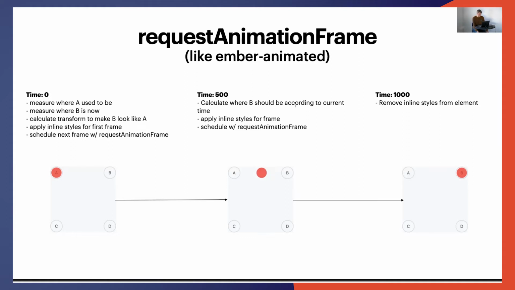frameworks have to work. And then we schedule the next frame with the request animation frame, and that's so that we sync with the browser frame rate. And then for every frame, basically, the middle section is going to happen. It's going to calculate based on the current timestamp where B should be, apply inline styles for the frame again, and then schedule the next frame again with the request animation frame.